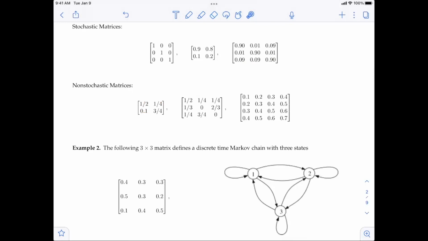This is 0.4 plus 3/4, even though it adds up to 1. Because of this column that didn't add up to 1, you cannot classify that as a stochastic matrix. Similarly for this case as well. Hopefully you get an idea how to classify a matrix as a stochastic matrix.